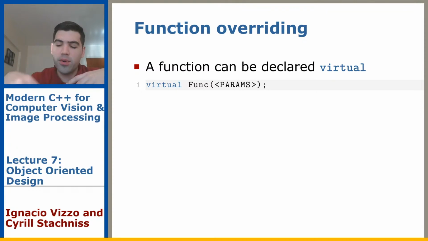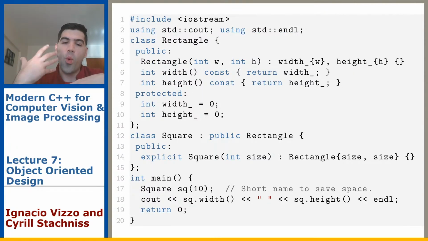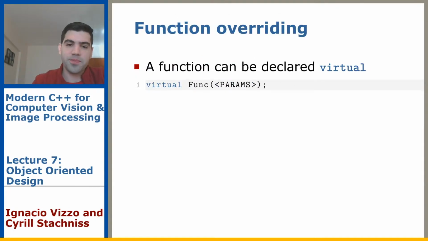The idea of overriding is that you have some function within the base class, and then when you derive, you change its functionality. Actually, this is not overriding, but it's similar. In this case, we're changing the functionality of the constructor. So we are changing the prototype, so it takes different input arguments and also how it works. That's the idea behind overriding.